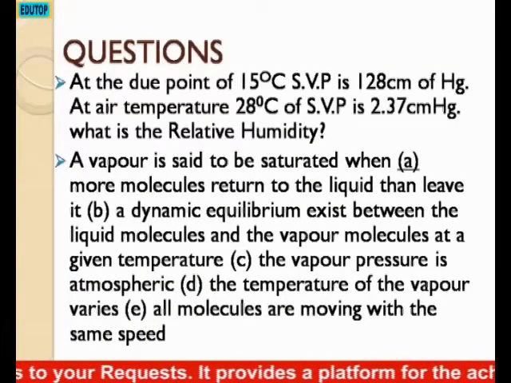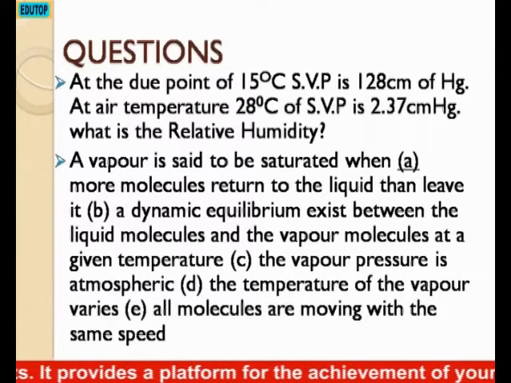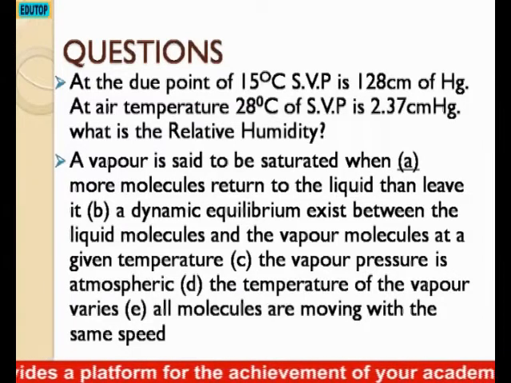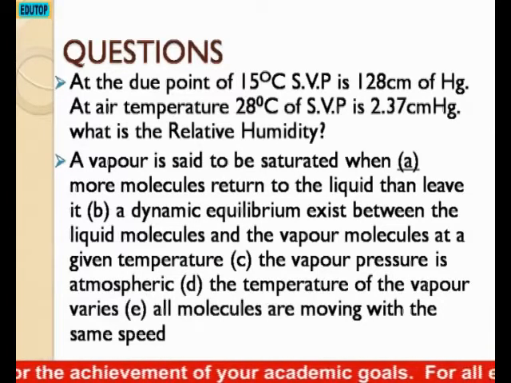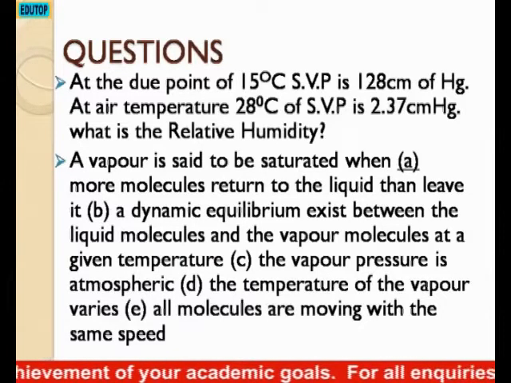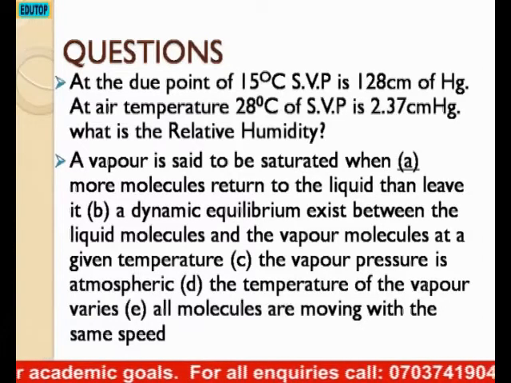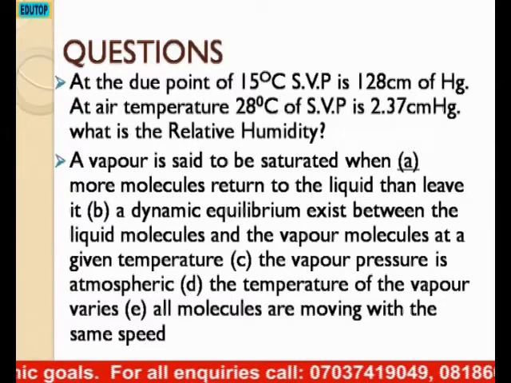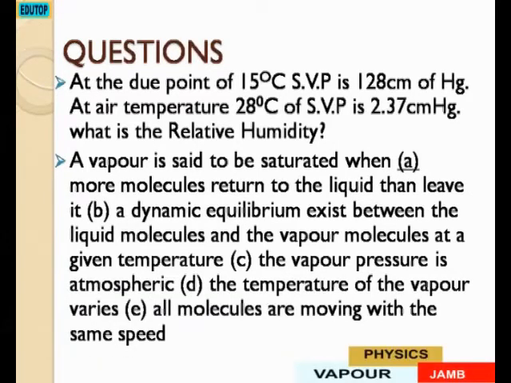Question 1 says, at the dew point of 15 degrees Celsius, SVP is 1.28 centimeter of mercury. At air temperature 28 degrees Celsius, SVP is 2.37 centimeter of mercury.